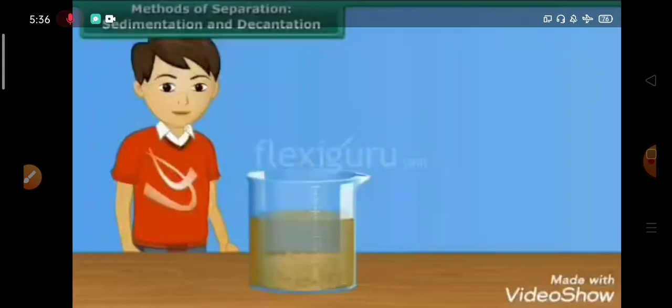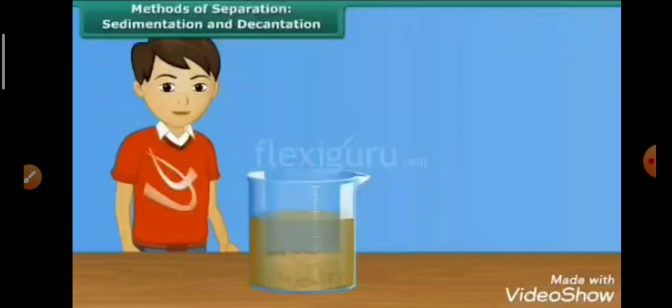The next method of separation is sedimentation and decantation. Here, Ram filled a beaker with muddy water and left it undisturbed for some time. After some time, he was surprised to see... let's find the reason for his surprise. The beaker had clear water. The mud, being heavy, has settled down at the bottom.